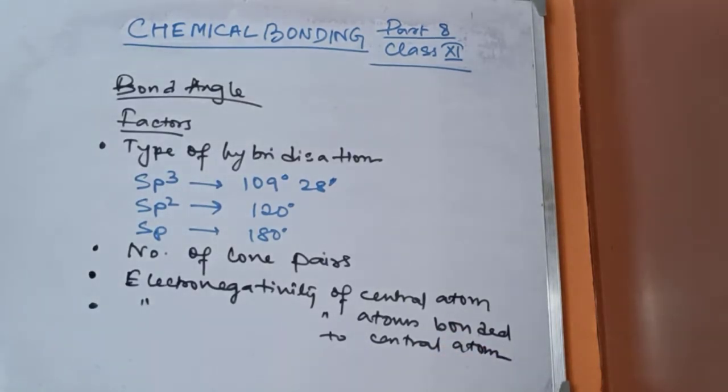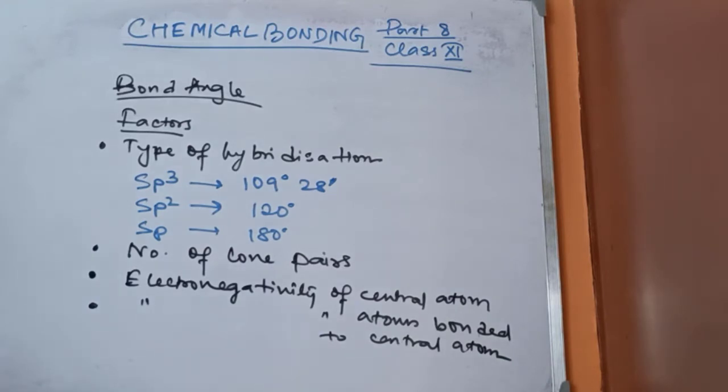These three factors I will explain to you with the help of VSEPR theory. I won't explain these three factors at this moment. After this only I'll start with the rules of VSEPR theory. I will explain these three factors with the help of VSEPR theory directly.